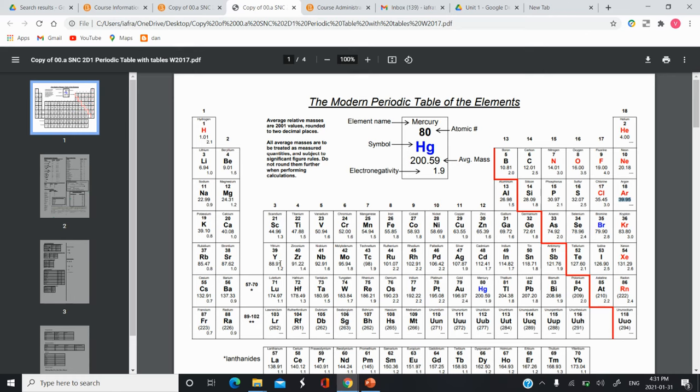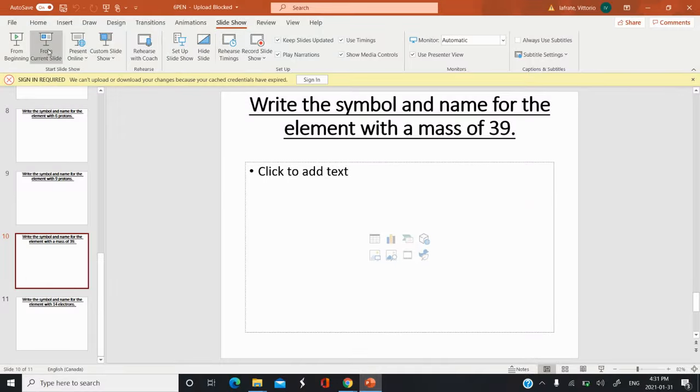Look at the mass. This is 88.91. So we need to look for a mass of 39, whatever is closest to 39. This is 39.95. That would probably be around 40. This over here is 39.10. So this over here would be the element that we're looking for. It's potassium. Element symbol is K. So K, and then potassium.